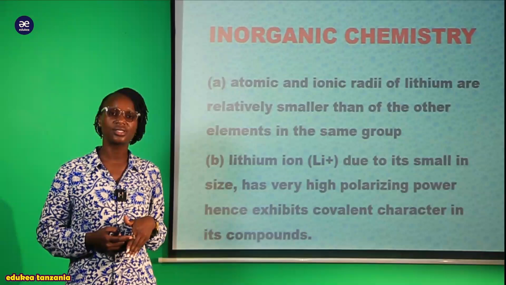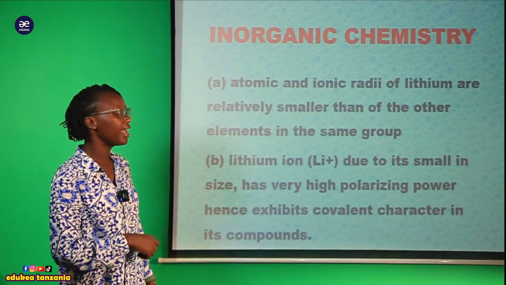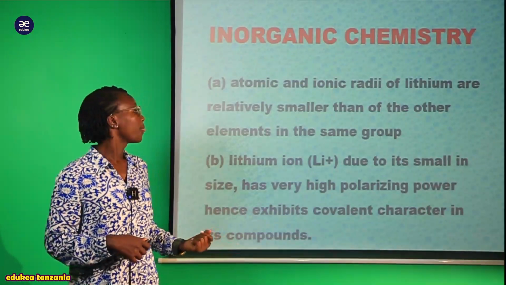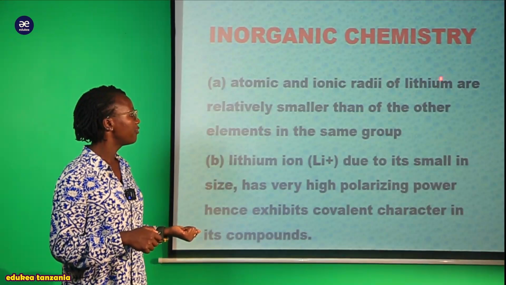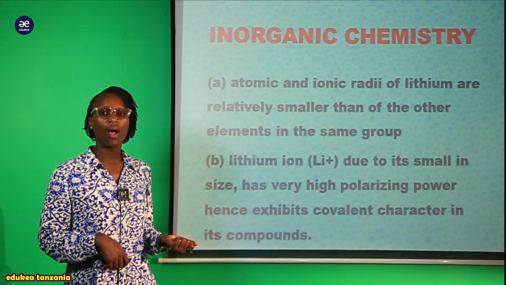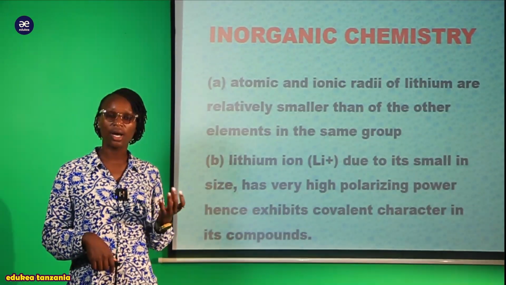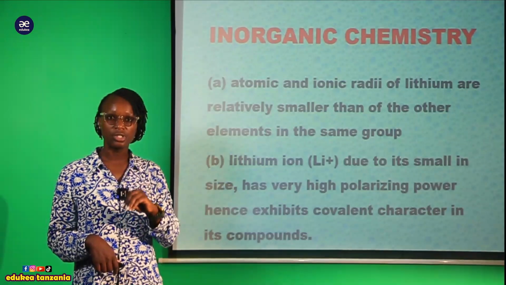We have several reasons. Let us start with part A, or you can call it reason number 1, whatever. Anasema kwamba atomic and ionic radii of lithium are relatively smaller. Kwamba atomic radii and ionic radii. When we talk about atomic radii, I hope you understand, because this concept is not new.